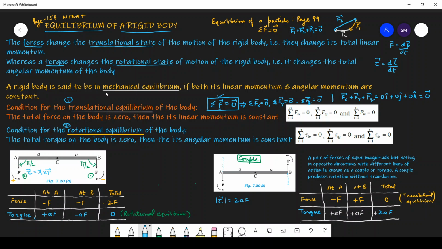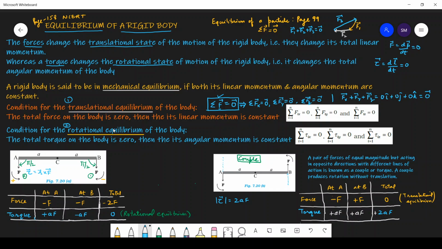Now if I talk about mechanical equilibrium, it means my net force is 0. So if F equals 0, F can only be 0 when P is constant, P is conserved, because the derivative of only a constant can be 0. So this is 0 means P is constant, P is conserved, and if torque equals 0, it means L is constant.